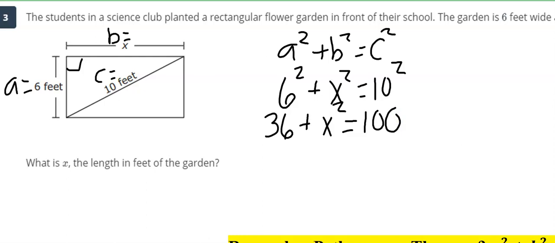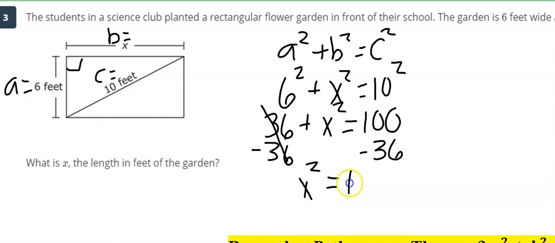So now I need to solve for x. I can start by taking away 36 from each side. So that cancels, and I'm left with x squared is equal to 100 minus 36, which is 64.